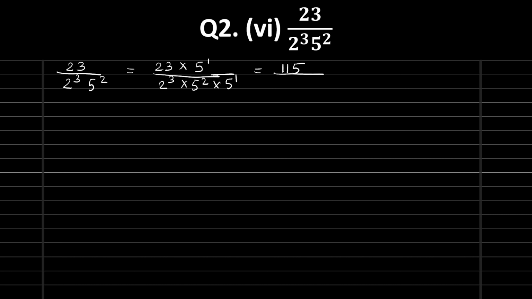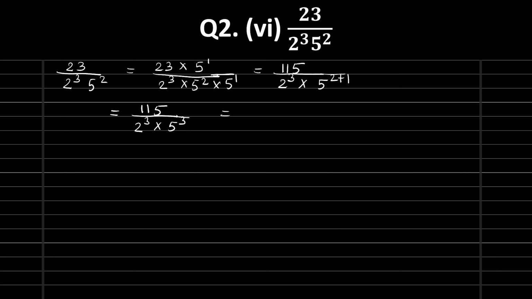And in the denominator we will have 2 raised to 3 into 5 raised to 2 into 5 raised to 1, that is 5 raised to 2 plus 1. If the bases are the same, the exponents will get added on multiplying, right? Now, here we will have 115 divided by 2 raised to 3 into 5 raised to 2 plus 1 is 5 raised to 3.